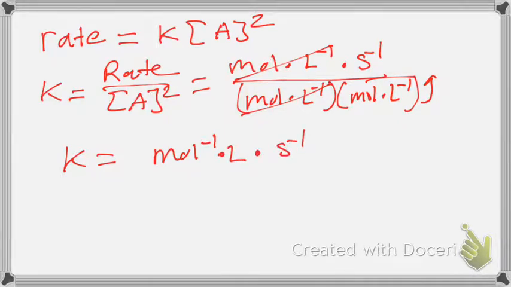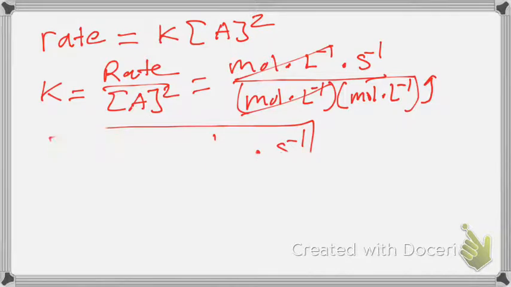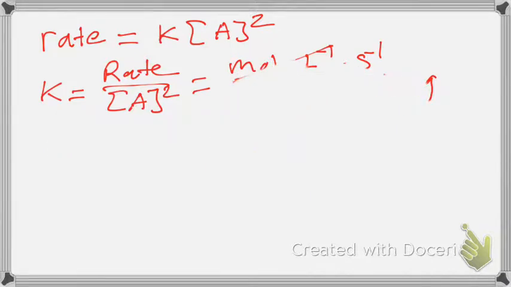So these would be the actual units of K for a second order reaction. That would be mainly for IB or AP, but what about IB? Let's derive the units for IB really quick so that they can see this.